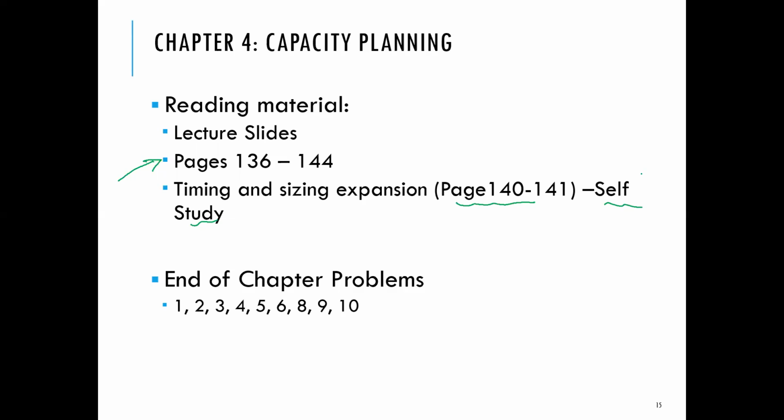It will add to your knowledge, but there will be no questions in the exam from these pages. I'm also suggesting some end of chapter problems, quite a few of them. Some of them are already in your assignment as well. Going through these problems on your own will help you prepare for the exam.